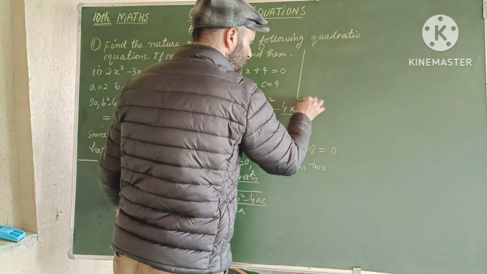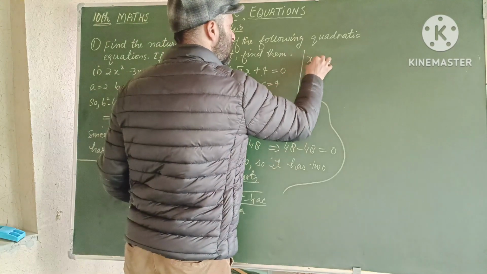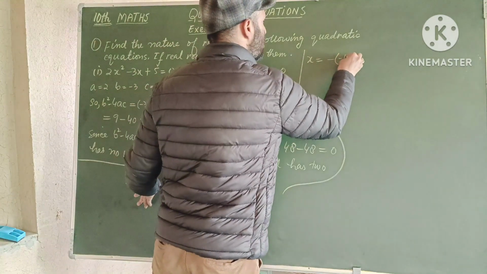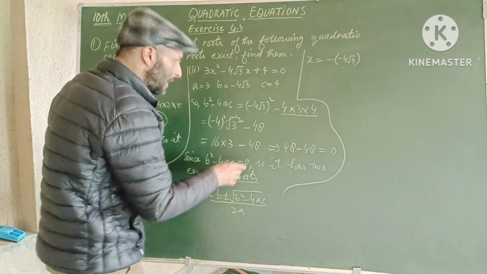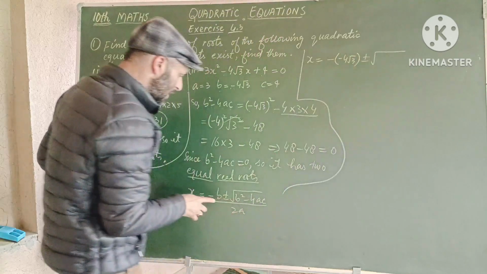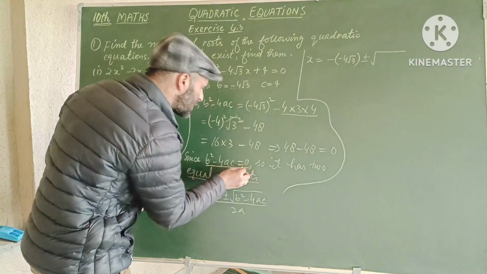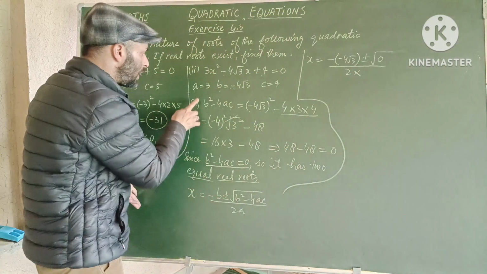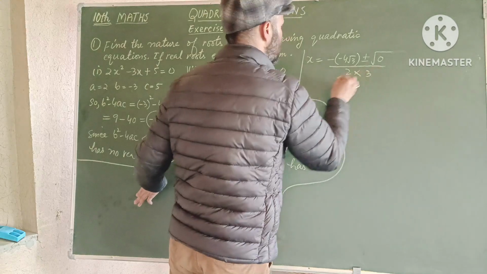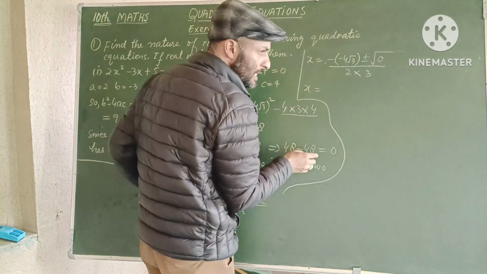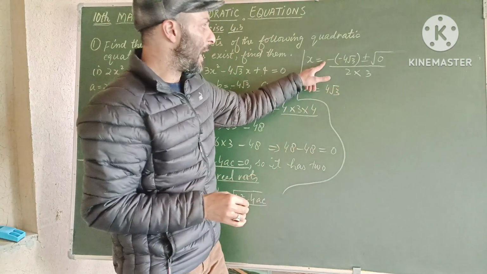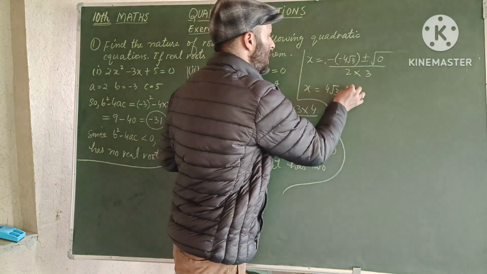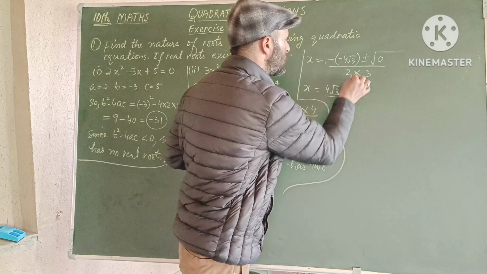The value of b is minus 4 root 3, b square minus 4ac is 0, and 2a is 2 into 3, which is 6.